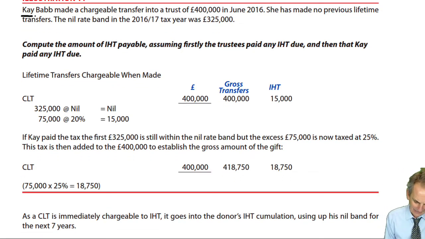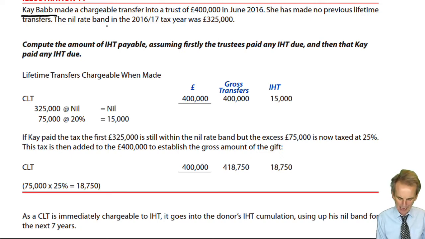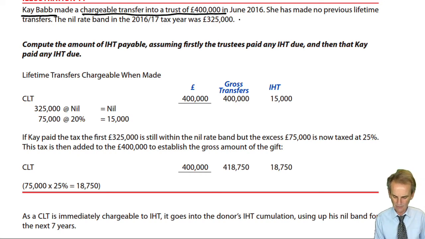Right, our heroine here, our hero, heroine, I don't know whether you call, again, female heroes heroines these days. But KBAB, remember, it's a donor-based tax. Donor KBAB made a chargeable transfer into a trust of £400,000 in June 16.